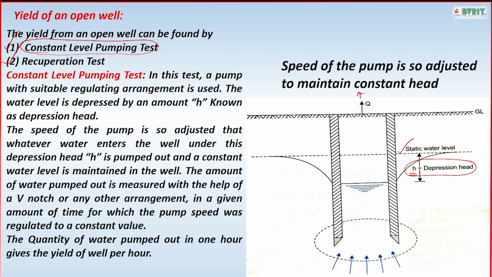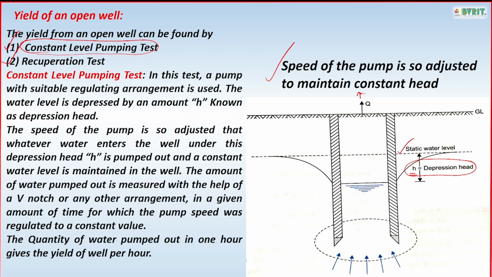In such a case, this head remains constant. So you need to maintain this H as constant. The speed of the pump is adjusted to maintain the constant head. What is that constant head? It is this H. If you are able to do that, the water will stay continuously at that level.